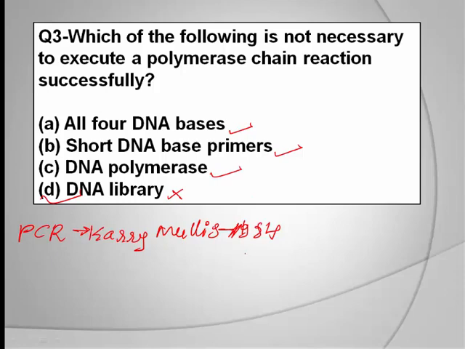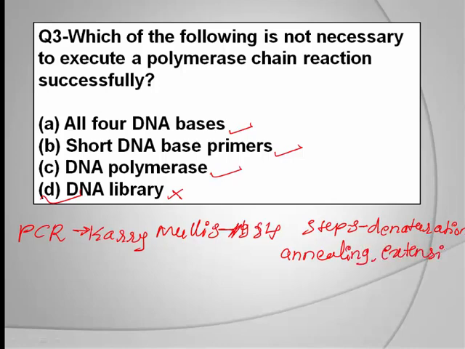In this, three steps are used to do the PCR. One is denaturation, where high temperature is used. Second step is annealing, and third step is extension of primer.